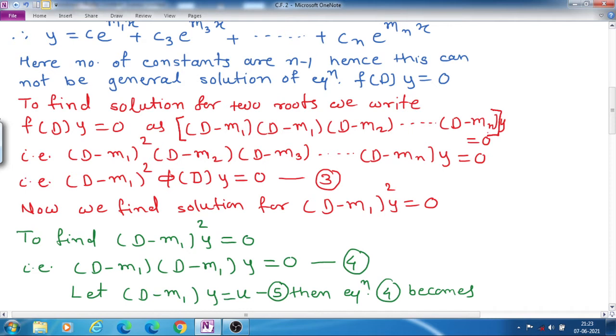So if we factorize f(D), then we can get n factors.